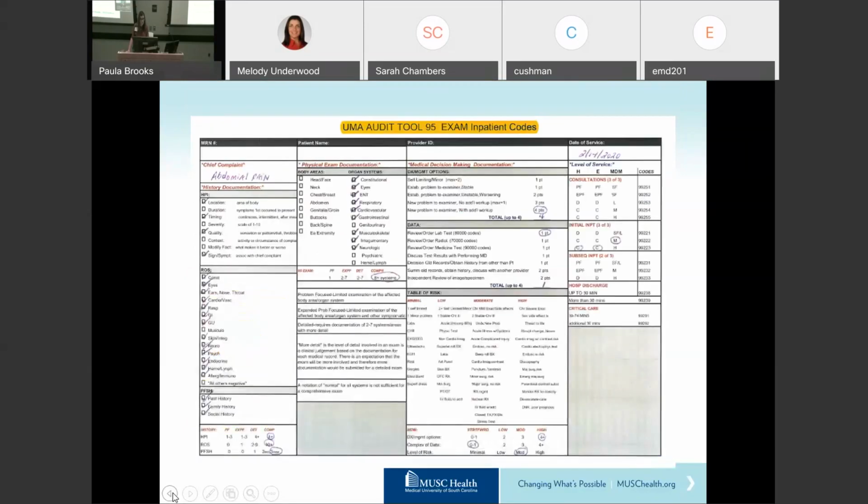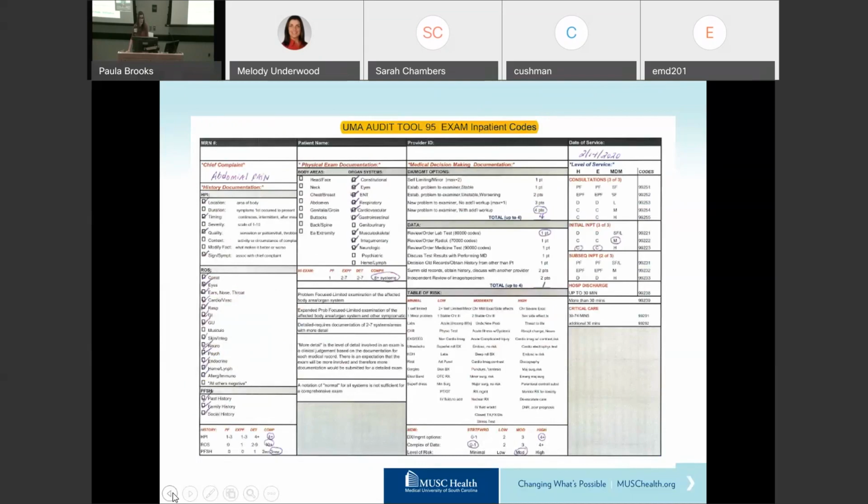Let's see what we're going to come up with. Had abdominal pain, if you remember. We talked about that location. We talked about timing. We went over quality. And then we went over signs and symptoms in our HPI.